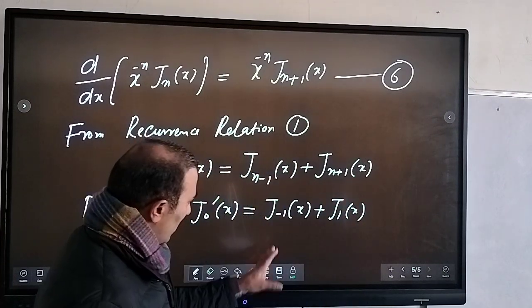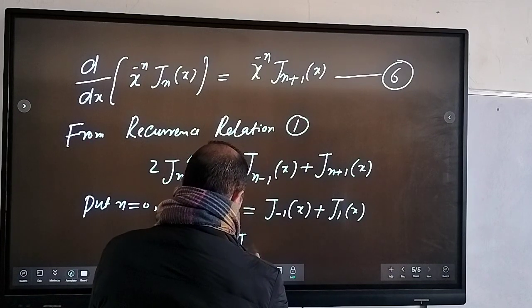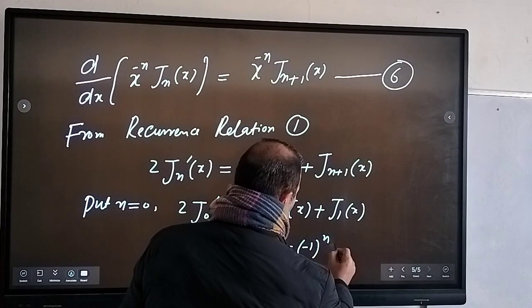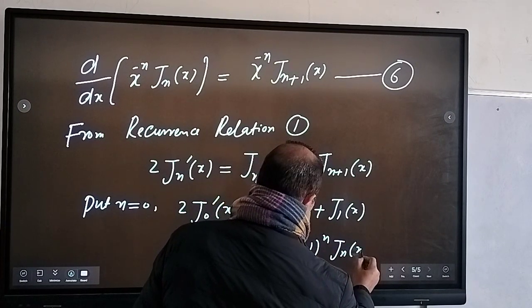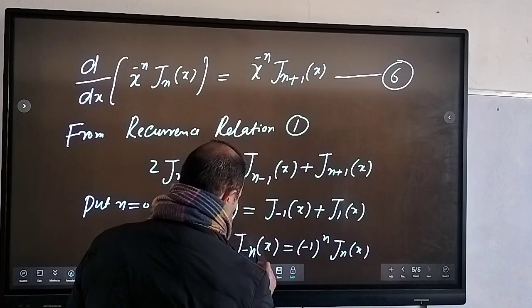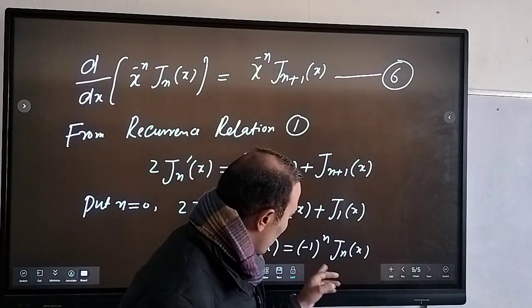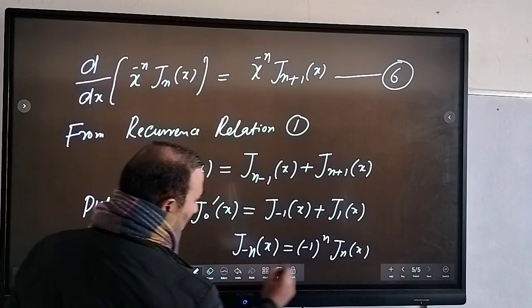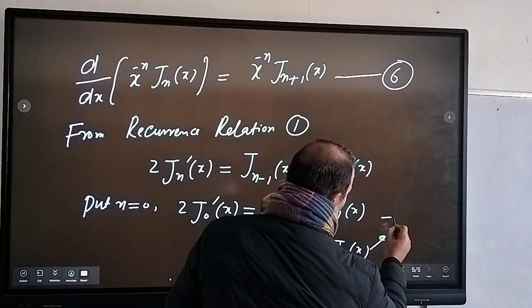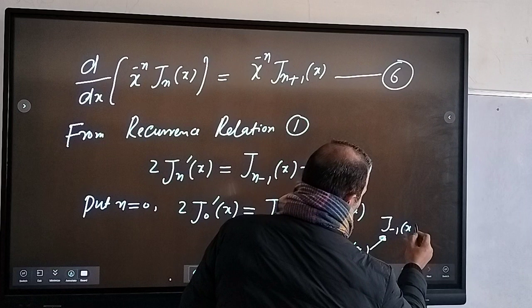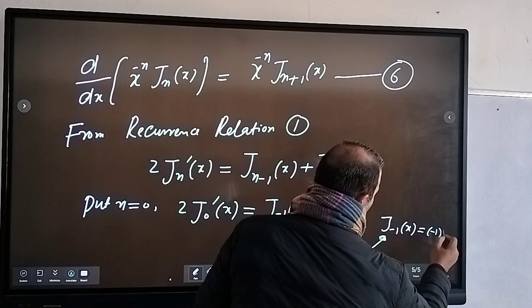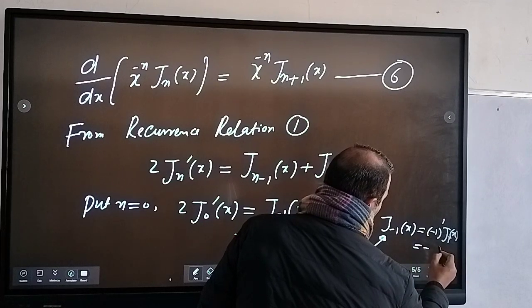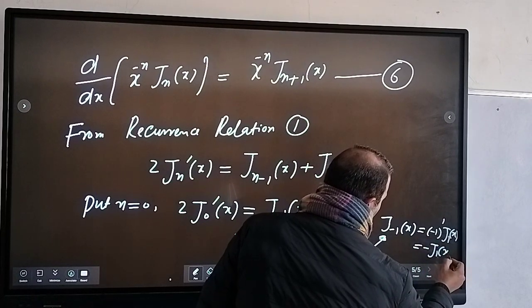Okay. Because we know that this J_{-1} of x, I can write this as, because we know that J_{-n} of x equals minus 1 raised to the power n J_n of x, but n is 1 here, right? So what is J_{-1} of x, that will be equal to minus 1 raised to the power 1 J_1 of x, so that's equal to minus J_1 of x, right?